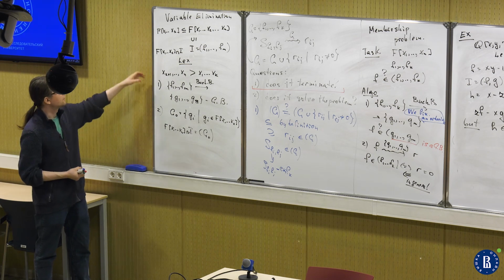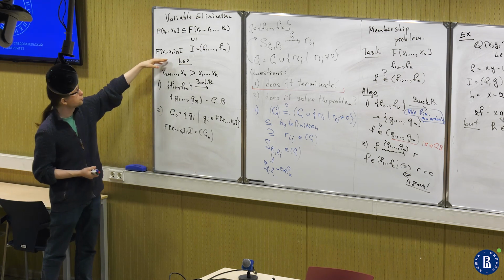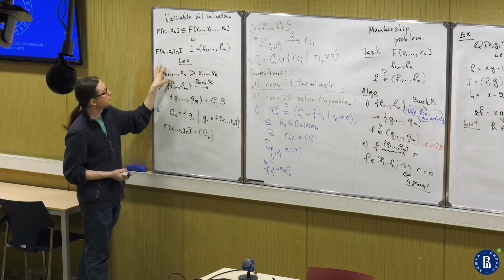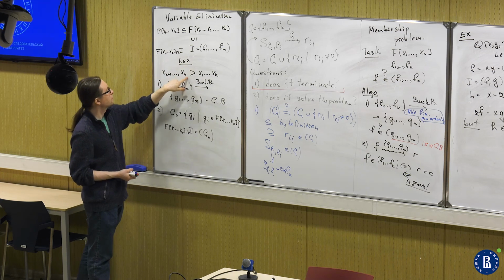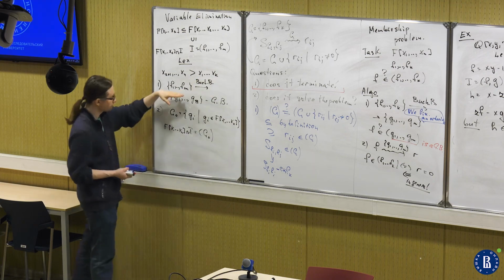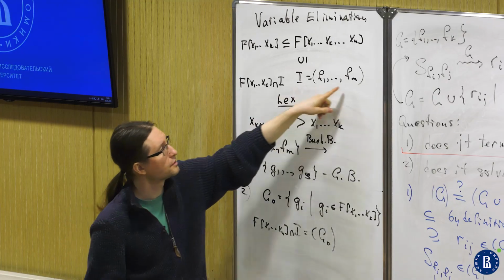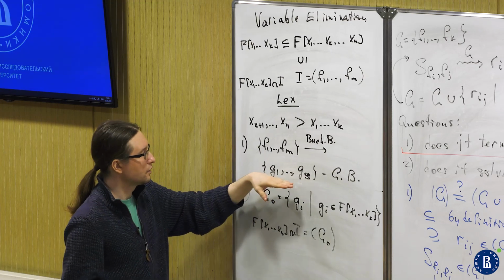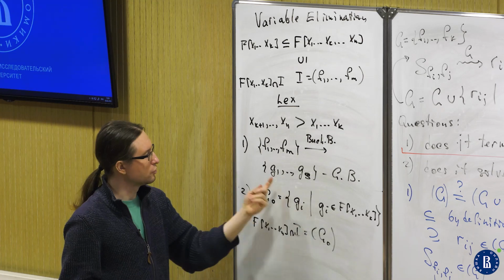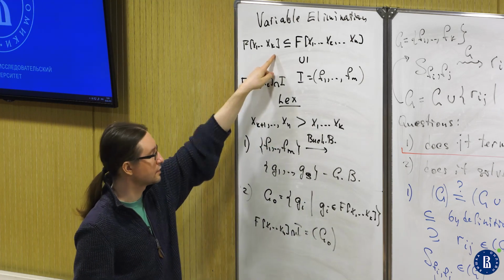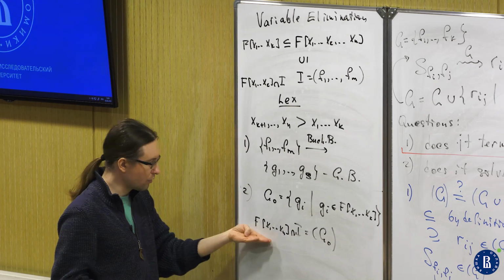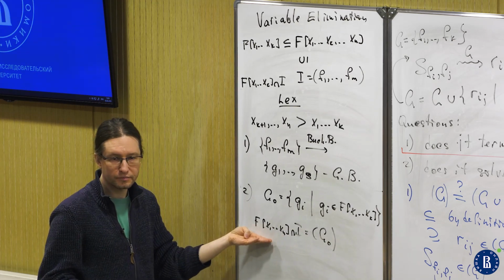So again, you should take the generators of the ideal I. You fix this elimination ordering where the extra variables are strictly higher than the variables we want to leave. Then we find the Gröbner basis for the set of generators. And then when we have this Gröbner basis, we just take all the polynomials here that depend only on x1, ..., xk, and they are the generators of this intersection.